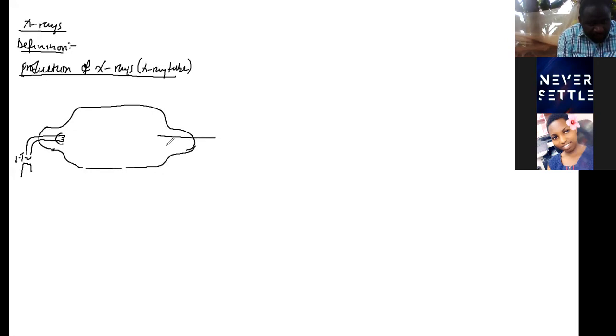On this side, we have our target. So a beam of X-rays comes, strikes the target.